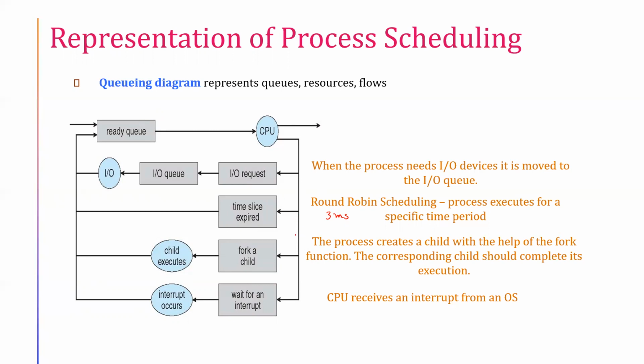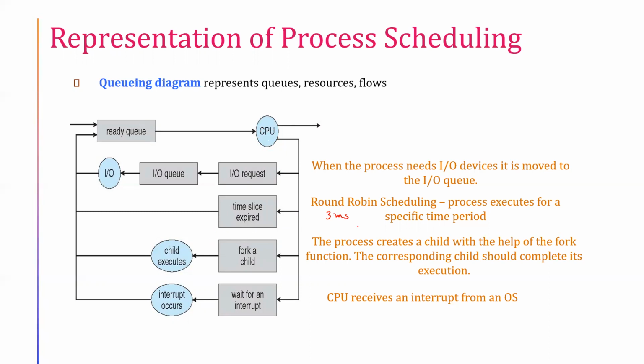In the fourth condition, whenever I have a process that is ready and is given to the CPU, now the CPU is executing the process. For example, that process is going to create a child process. It's a parent process, and it is creating a child process. So when it creates a child process, this process has to wait until the child finishes its execution.